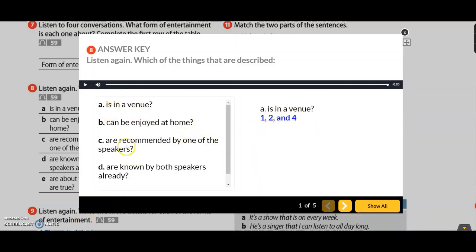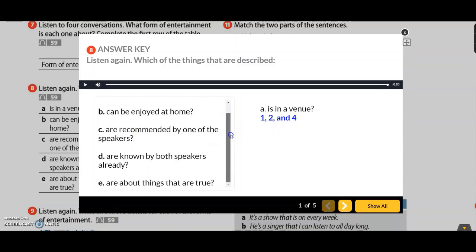Okay, you guys have to read these, and you have to put the numbers depending on the audio. Okay guys, so let's read the rest of them. Letter B, can be enjoyed at home. Letter C, are recommended by one of the speakers. Letter D, are known by both speakers already. Are about things that are true.